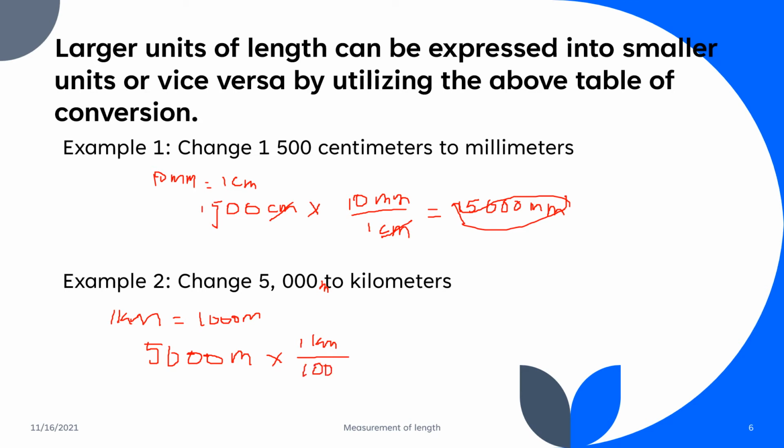Then we cancel the meters, and cancel the zeros, 1, 2, 3, 1, 2, 3. So what remains is 5 over 1, or 5 kilometers. Alright, so that's it.